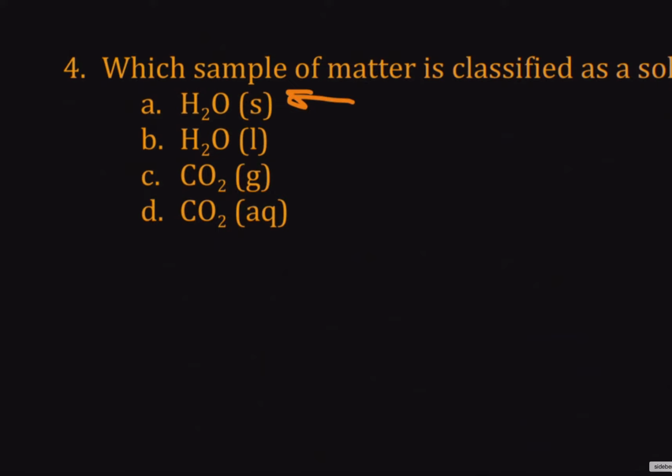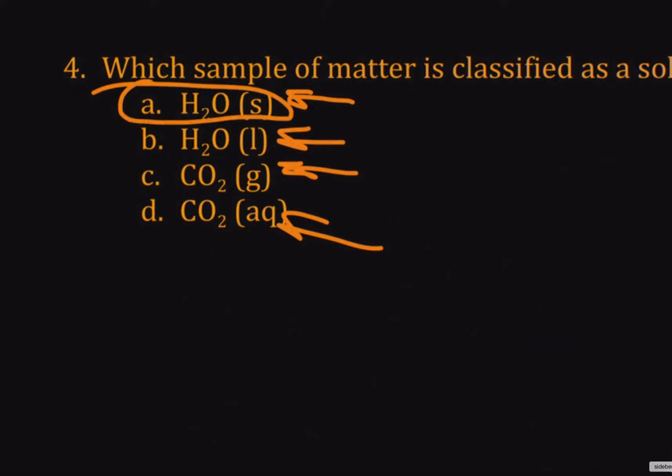So when you look at these abbreviations here, S stands for solid, L stands for liquid, G stands for gas, and AQ stands for aqueous. Well, solid water, which is ice, is not a solution. It's water. Liquid water, same thing. Liquid water is just H2O. It's not a mixture of anything. It's just water. We're assuming it's pure here.